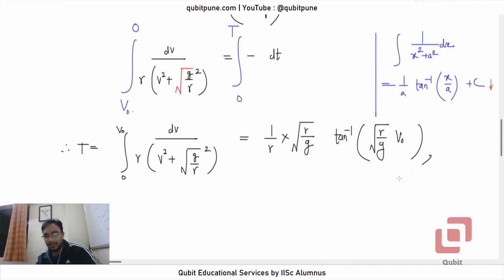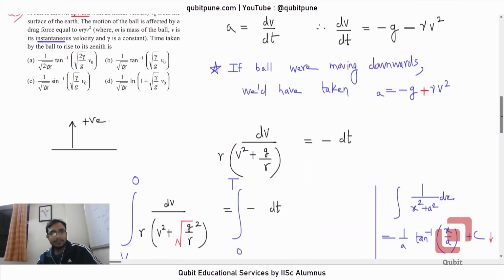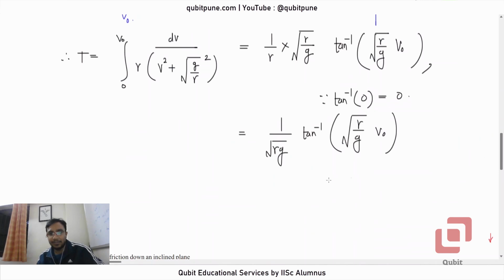So in the denominator it will be 1 upon root gamma g tan inverse of root gamma by g v naught. So that is option B. Understood?